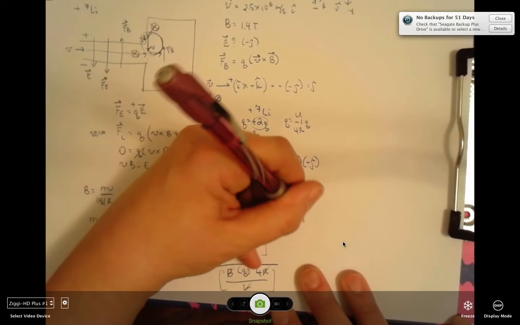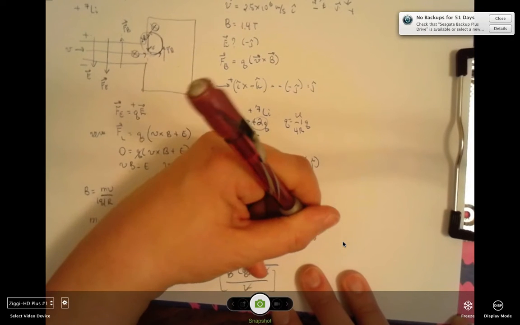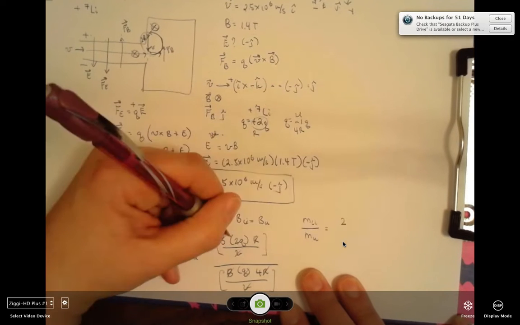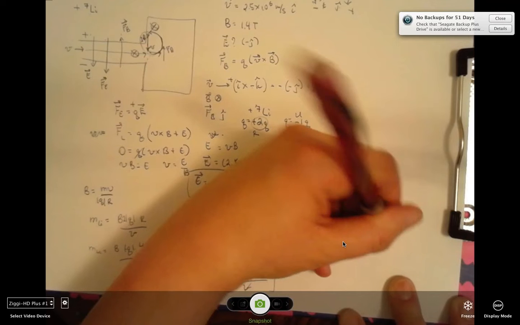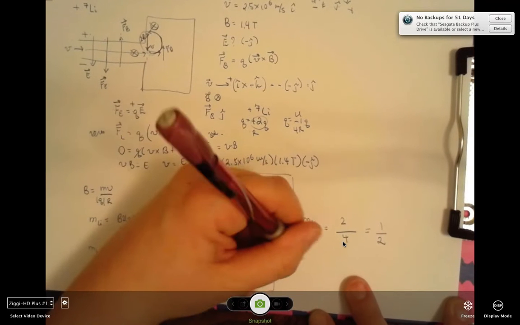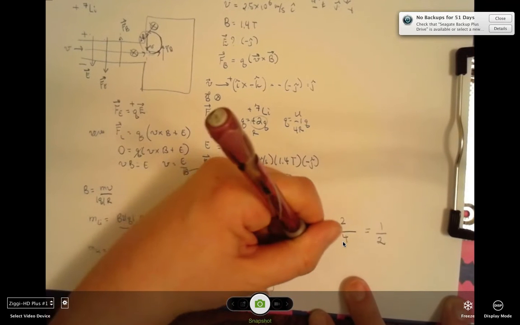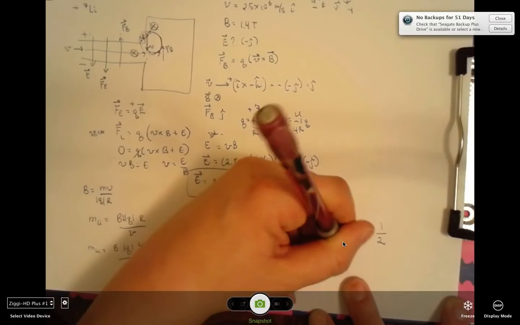So the mass of the lithium over the mass of the unknown is simply 2, that went with the Q up there, divided by the 4 that goes with the R down here. So it is 1/2. That means 2 mass of the lithium equals 1 mass of the unknown.